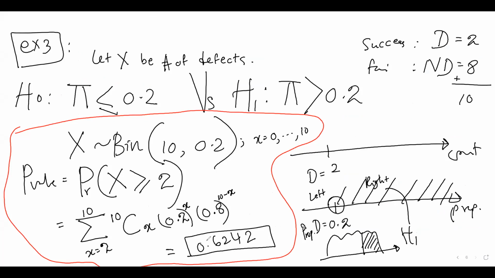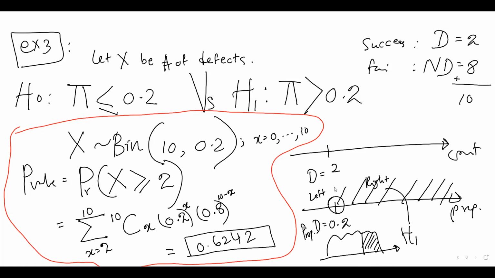Based on this p-value, this is very much greater than 0.05. So our decision rule is what? Reject H0 if p-value is less than alpha. Here it's not alpha over 2, this is one-sided, right?